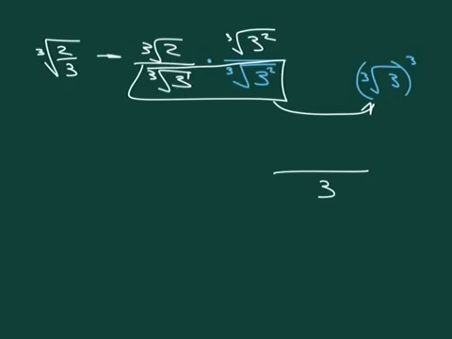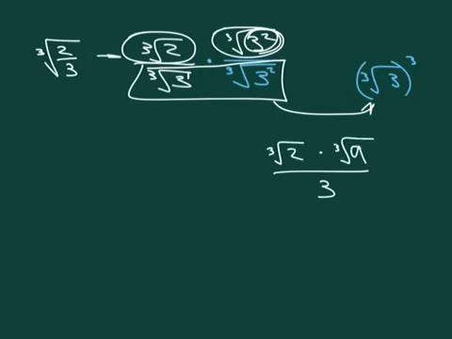So, how am I going to multiply this? Cubed root of 2 times the cubed root of 3 squared. Or instead of writing 3 squared, we can write it as the cubed root of 9. So the cubed root of 2 times the cubed root of 9 equals the cubed root of 18 over 3. Okay, does that make sense?